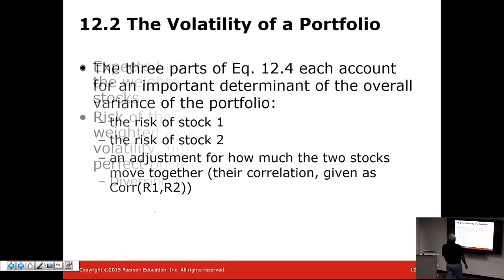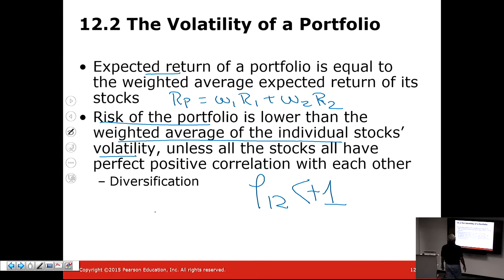So now that we know what correlation is and how it impacts the overall portfolio, it explains to us the power of diversification. It conveys to us that yes, we have to diversify our risk. We have to spread the risk among as many stocks as possible.